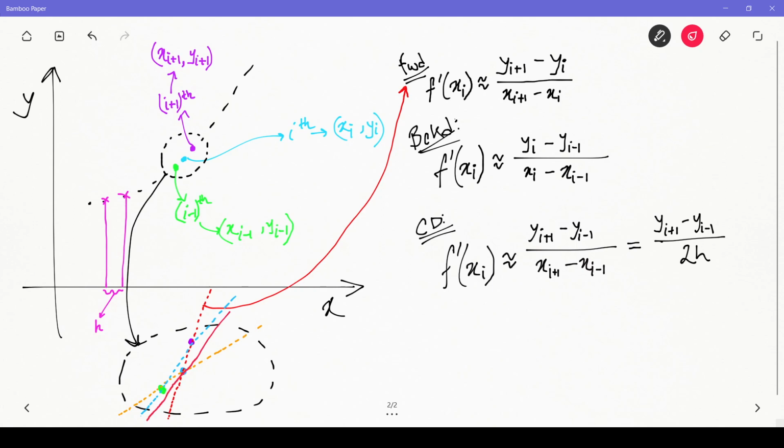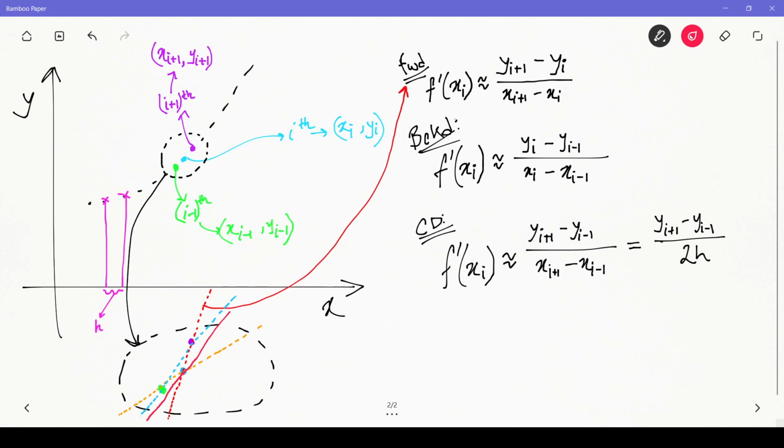As you can see, the approximation that we're getting as a result of our central difference formula roughly resembles the actual slope at this blue point. That's why, as we'll see a bit later in this lecture, the central difference yields a lesser error than our forward and backward difference formulas.